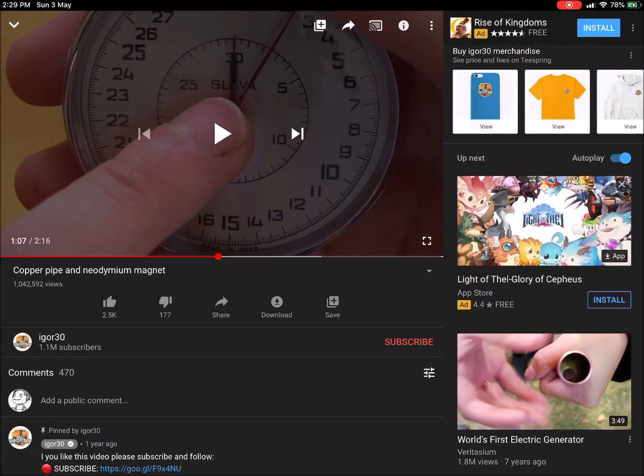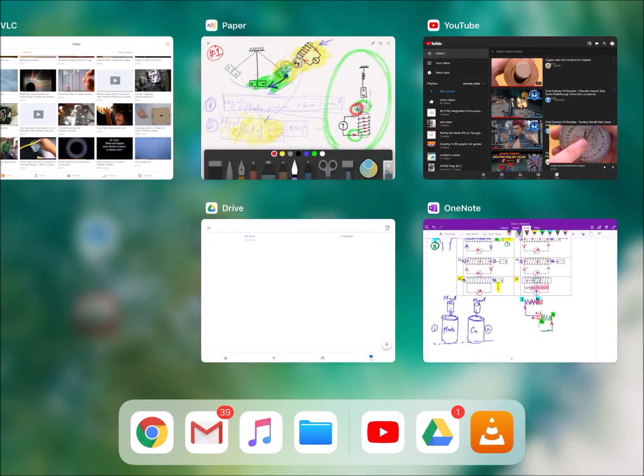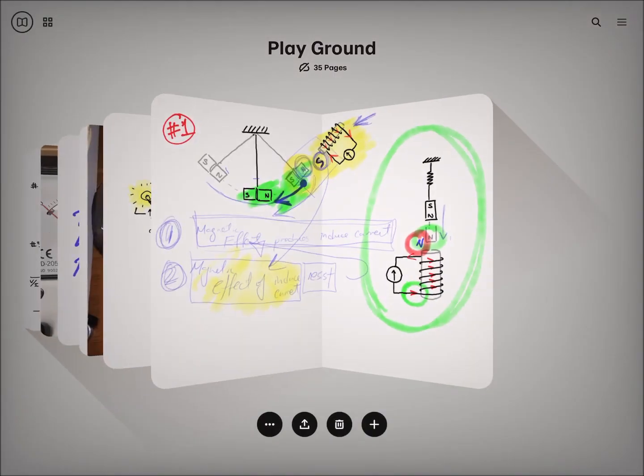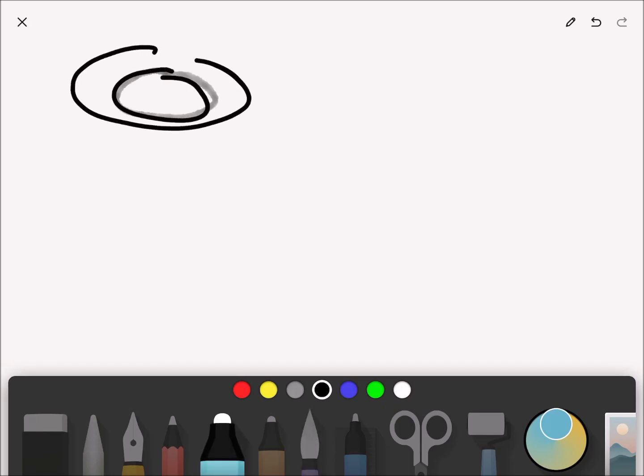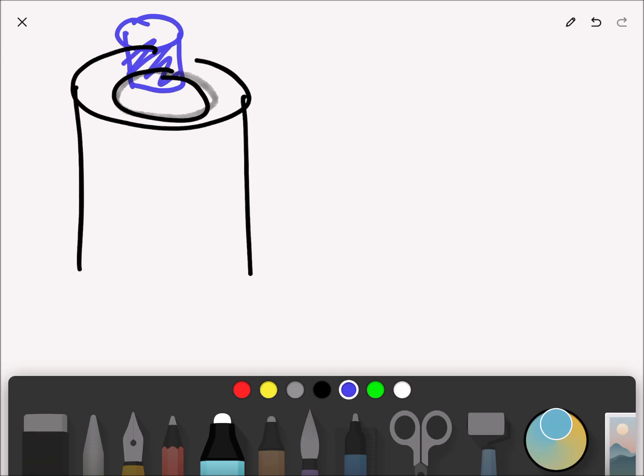So why? If you remember, we have Lenz's law. When you have a copper pipe and you throw a magnet in, you have to analyze the pipe section by section, as a ring.